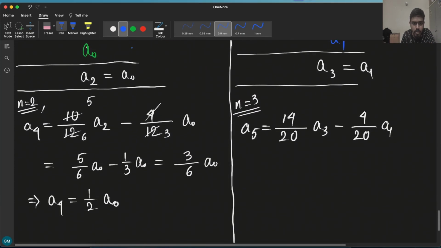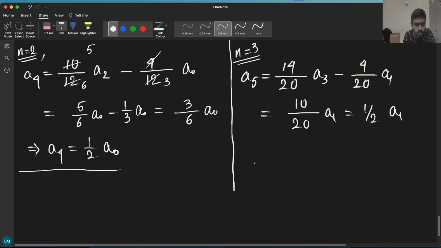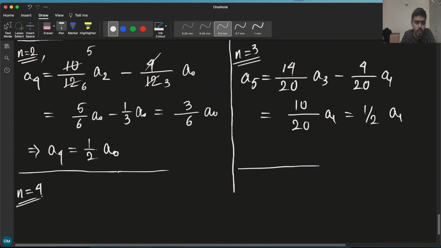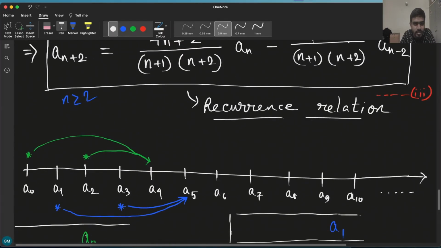Right, and I can simplify it, so it will be 20 by 10 a1, which is half a1. Okay, so now if I put n equals 4, then it will be a6, right?